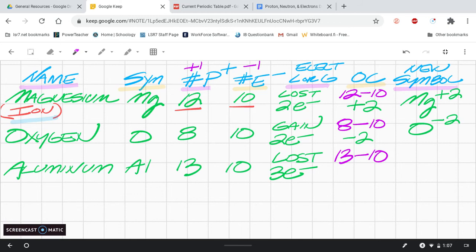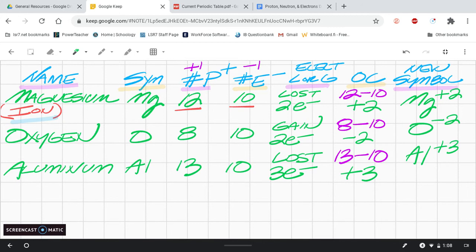That's going to be the plus 3. And I think you guys are starting to probably figure this out. So that was going to be an Al plus 3. So this is also an ion. This is a plus 3 ion. So these are all ions so far.